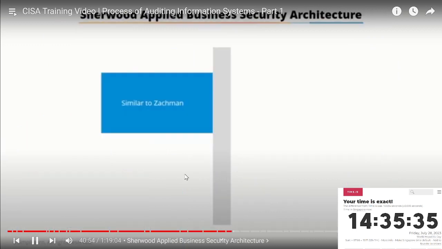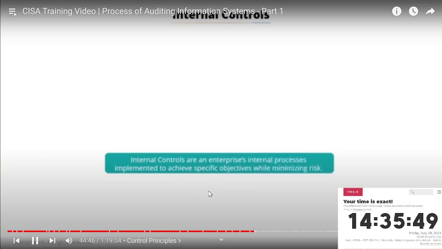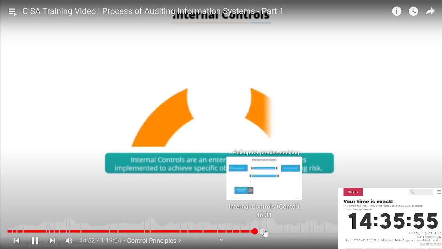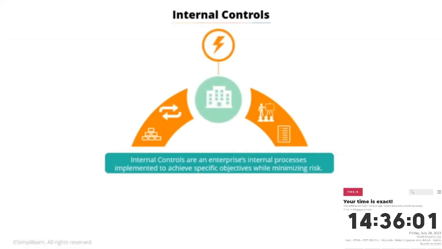Similar to the Zachman framework is the Sherwood Applied Business Security Architecture. As you might guess, in other words, you first consider what the business does, what service it provides, and then consider what processes have been implemented to achieve specific objectives while minimizing risk. They comprise the enterprise structures, procedures, policies, and practices that have been implemented to lower the level of risk at an enterprise.